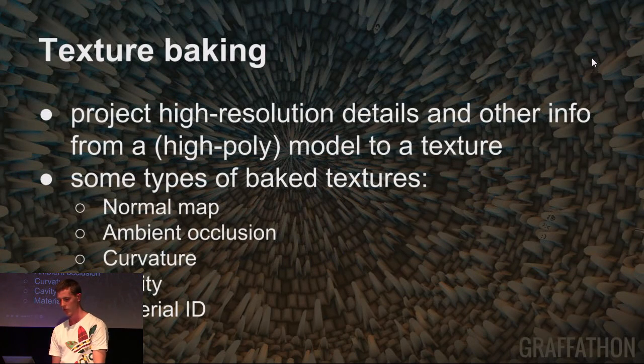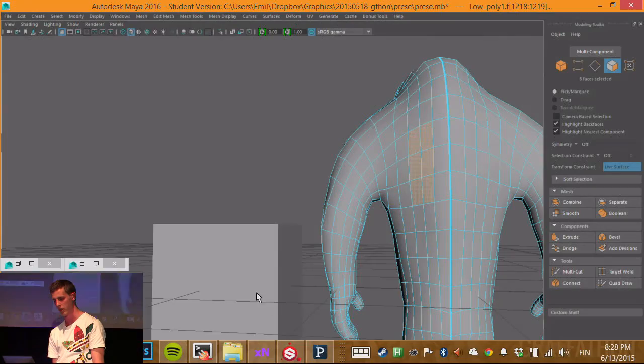And then we get to texture baking, which has a few purposes, but I would say the most common is to create a normal map from a high poly model to a low poly model. In the context of games and real-time graphics, this would be the most common reason to create a normal map.